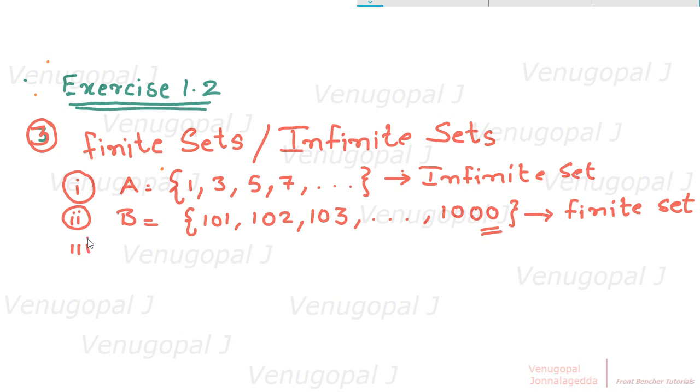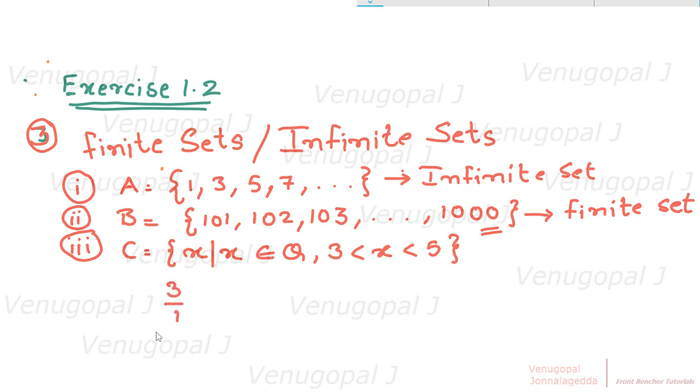Now let's look at the third sum, where C is equal to x such that x is an element of rational numbers Q, where 3 is less than x less than 5. This is slightly a tricky question where you need to understand that 3 is nothing but 3 by 1.